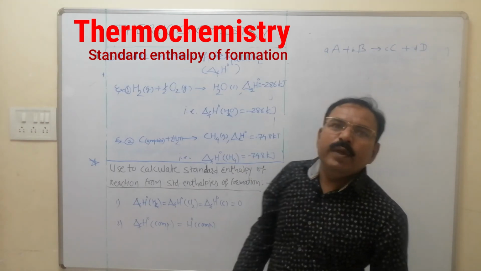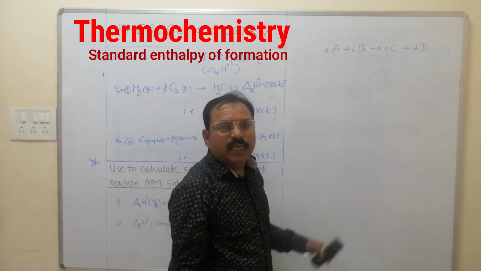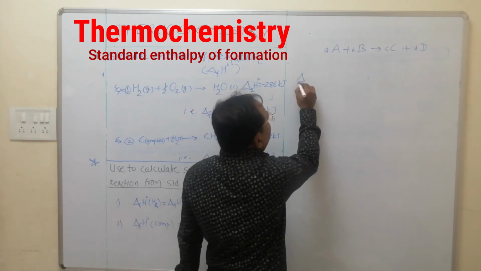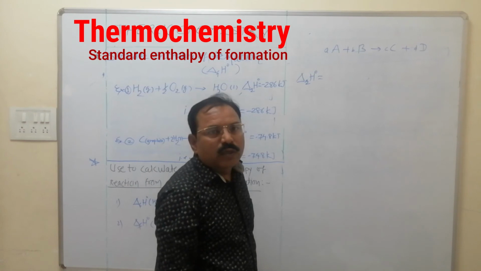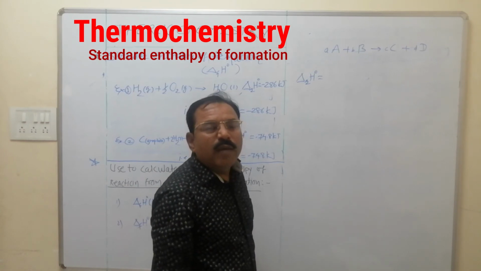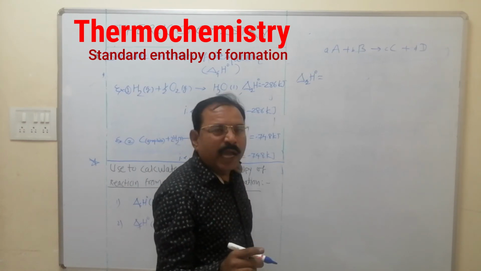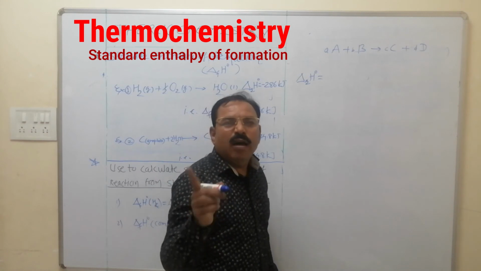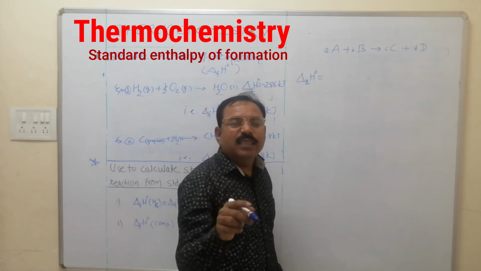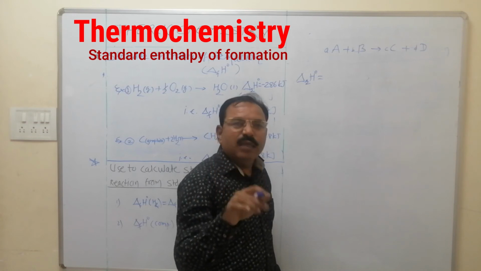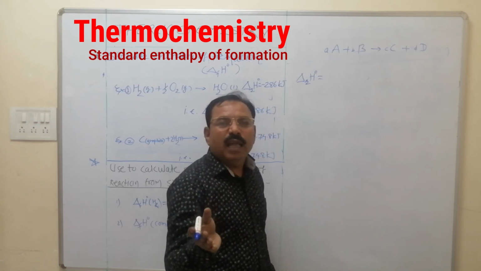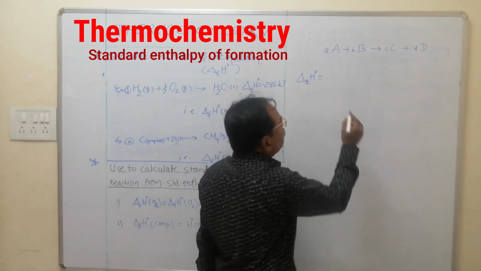The standard enthalpy of this reaction is delta rH0 is equal to the enthalpy of products minus enthalpies of reactants, like this. The standard enthalpies of products minus standard enthalpies of reactants.